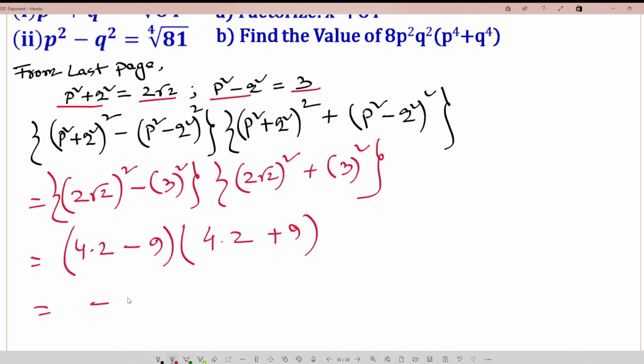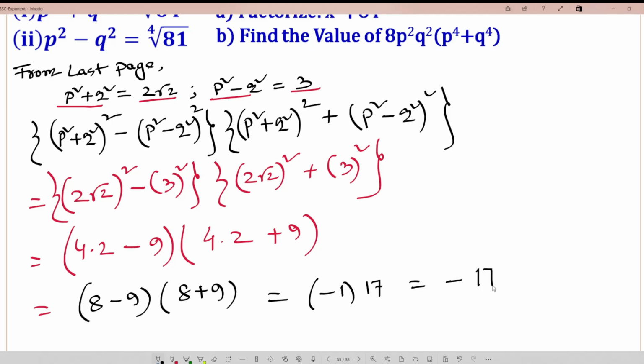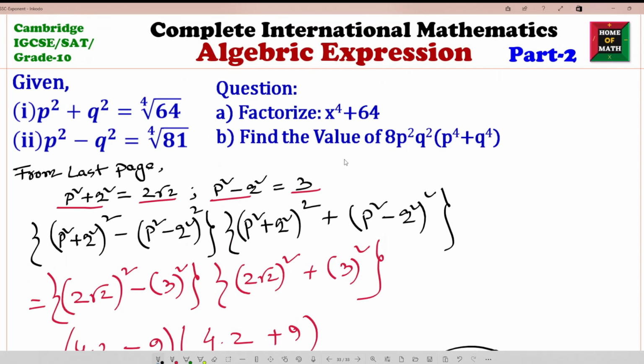So here is minus 1 because 4 times 2 is 8, or we can clearly write this one, 8 minus 9, and here is 8 plus 9, and finally minus 1 because 8 minus 9 is minus 1, and here 8 plus 9 is 17. So our answer is minus 17. Look, the question was to find the value of 8p²q²(p⁴ + q⁴), and the answer is minus 17.